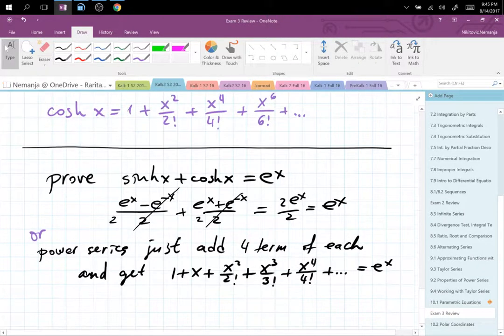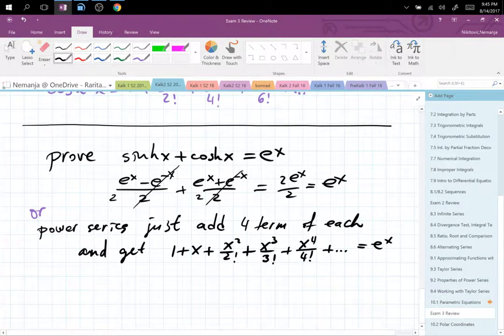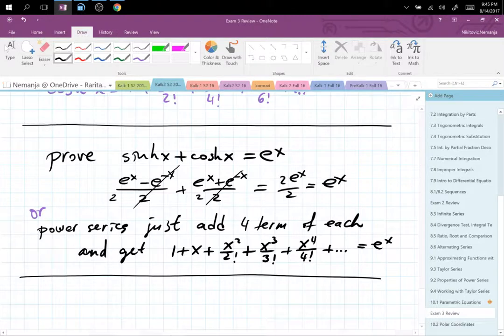So you can do that as well. So you have 2 different ways in which you can solve that particular problem. It's really cool.